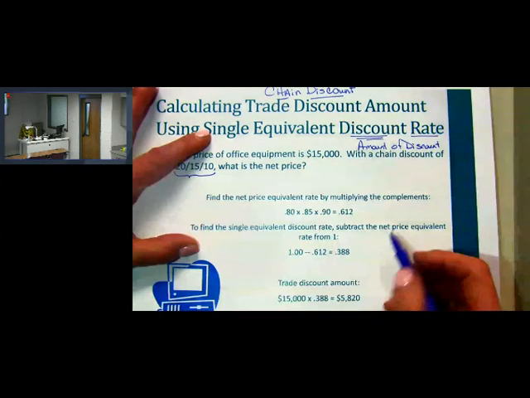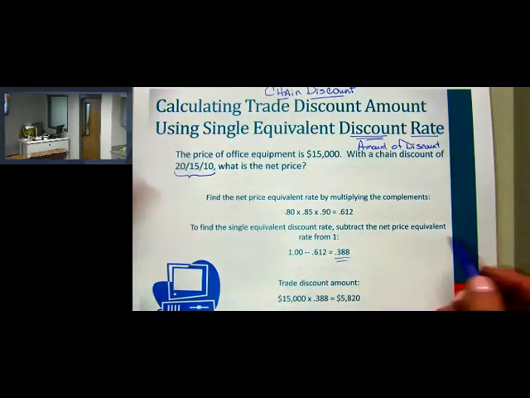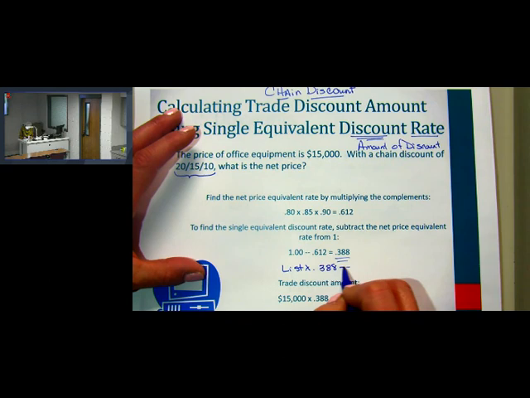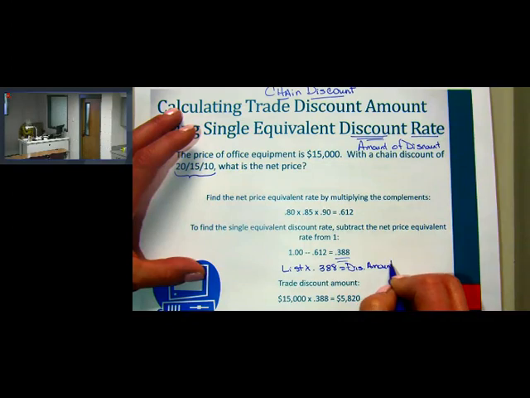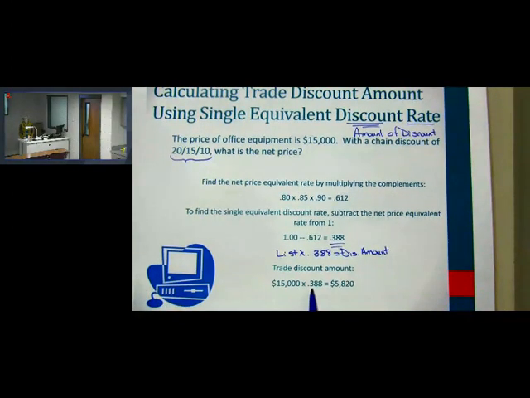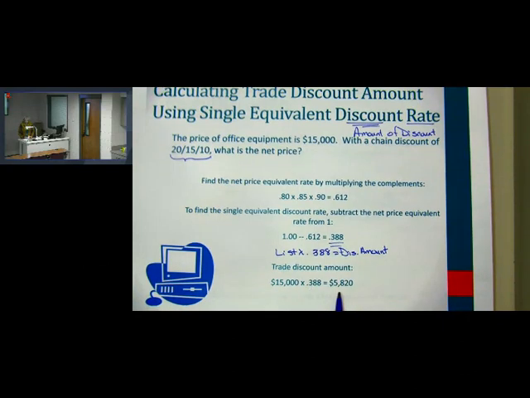When we use this rate right here, when we take list times 0.388, we are going to get the discount amount on this chain discount. 15,000 times 0.388 gives us the discount amount.